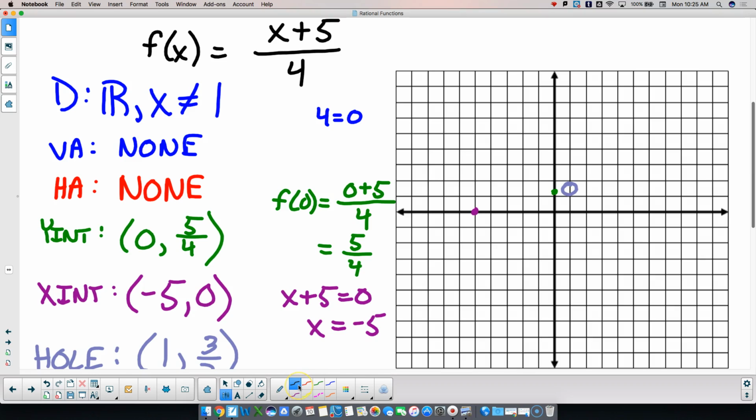If I rewrote this as x over 4 plus 5 over 4, what would the y-intercept be? 5/4, right? What would the slope be? What would the slope of this line be? Slope of this line. To make us not have to do a T-chart.